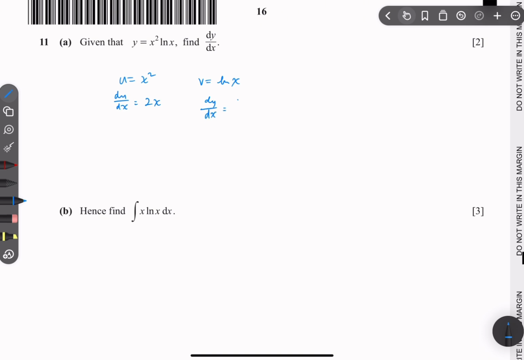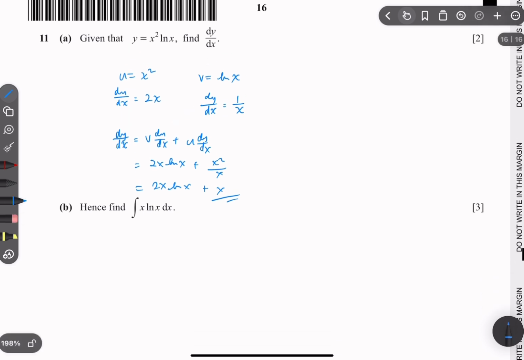Differentiation of ln x will be 1/x. Then the product rule is v du/dx plus u dv/dx. And you just sub everything inside. This is the final answer.